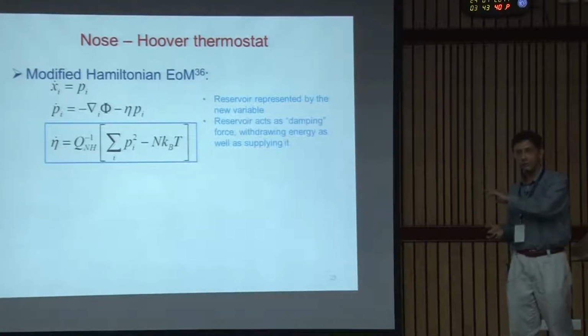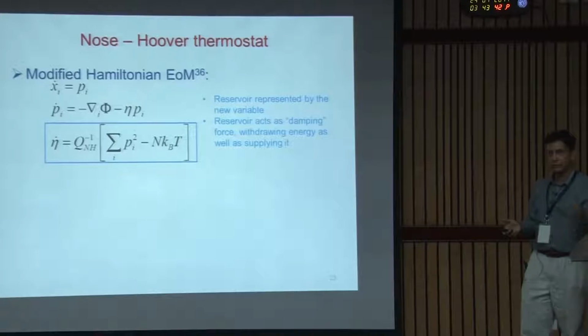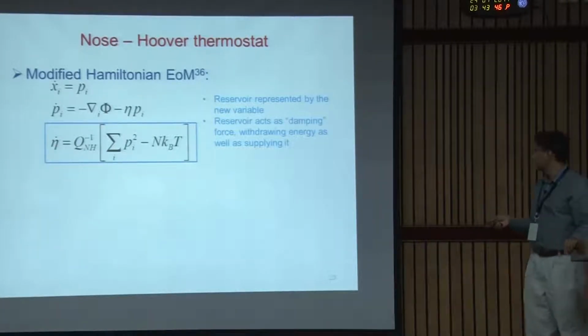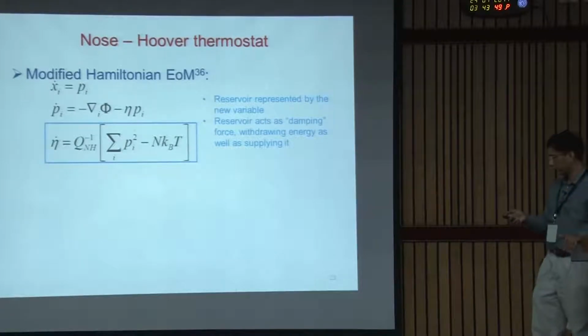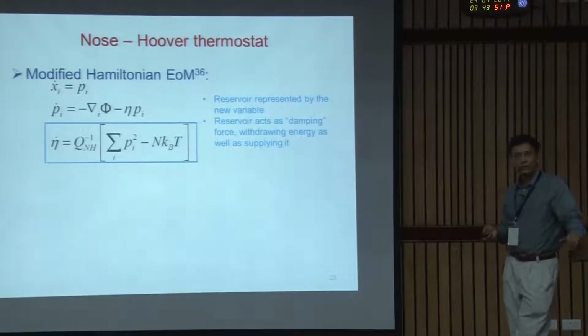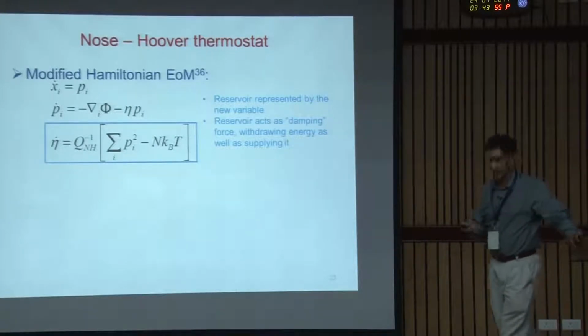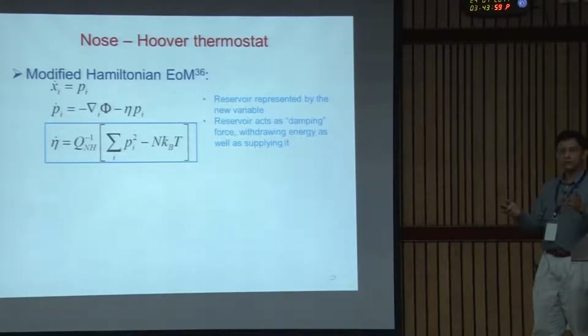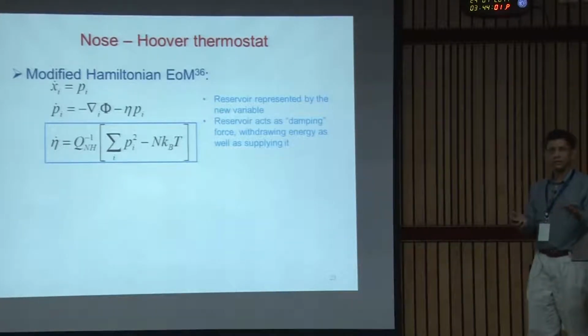So the reservoir is of course infinitely large, as we know, with infinite heat capacity, but he just used 2 degrees of freedom. One, and I don't have it here, but I'll talk about it, was S, which later he found out has to be a time scaling parameter, and the conjugate to S was PS, which is in some sense the velocity equivalent, the kinetic energy equivalent of the reservoir.